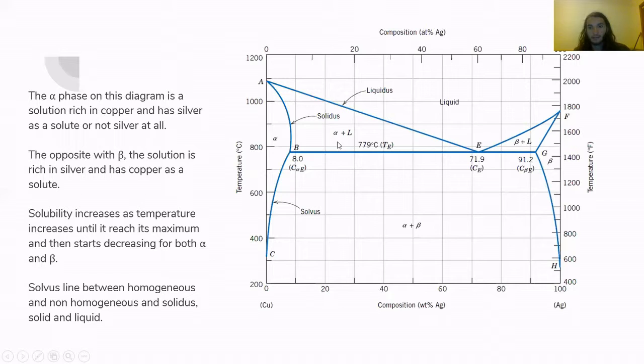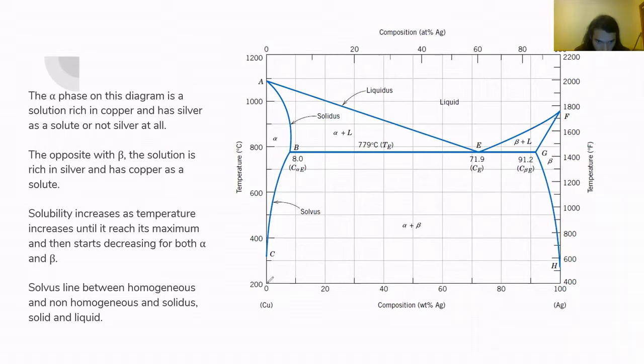This is a phase diagram. The alpha phase is mainly made out of copper, and it can have silver as solute or not silver at all, and the opposite, beta is mainly made out of silver. See solubility.